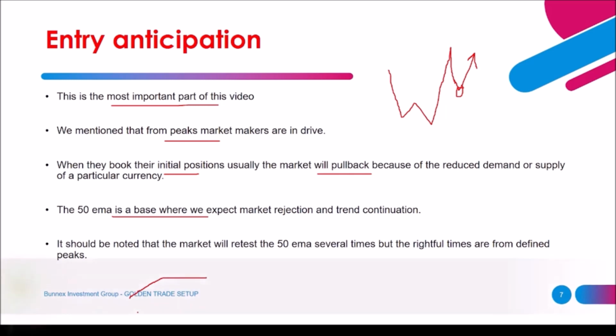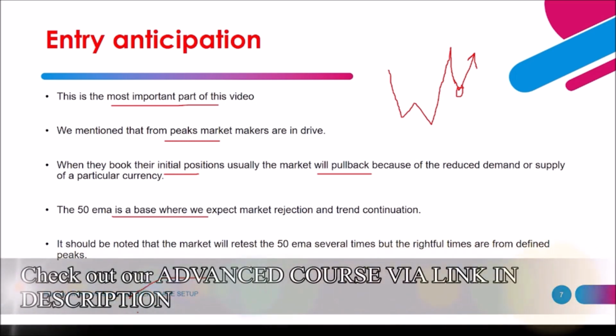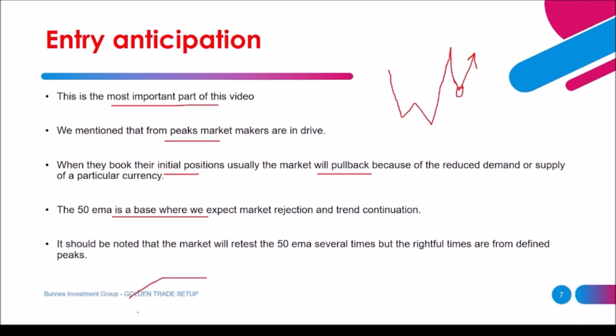These trades, if I can say, are 90 to 95% accurate, if done properly. And it should be noted that the market will retest the 50 EMA several times, but the rightful times are from defined peaks.